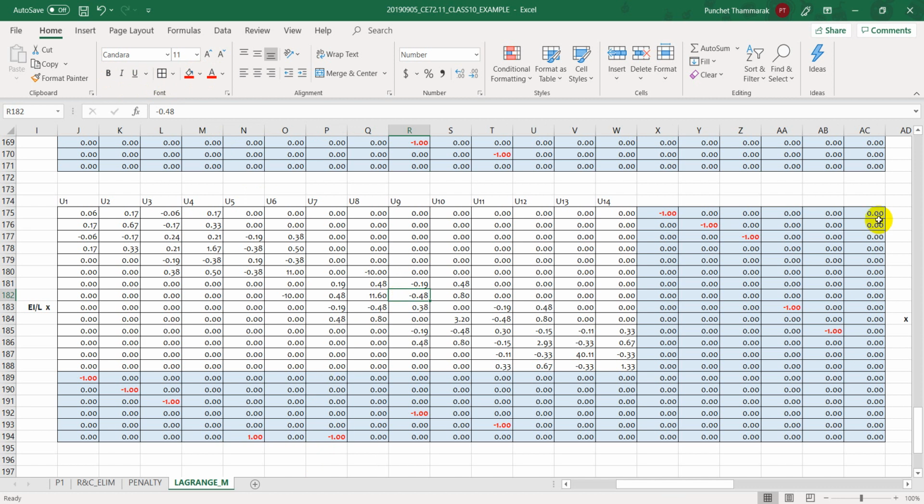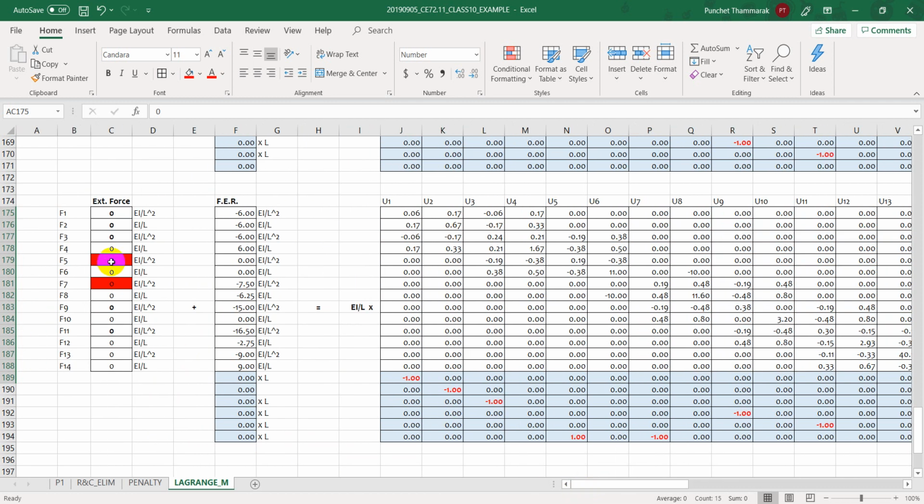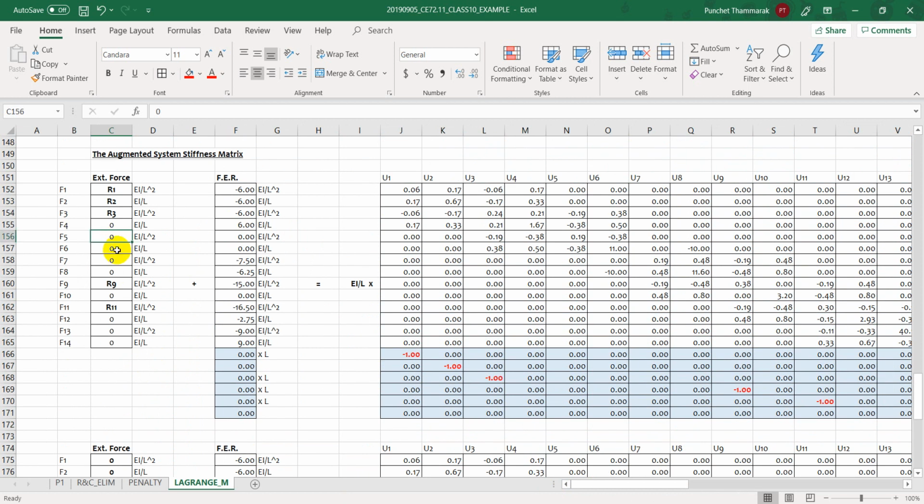But the point is that let's make the entries on the last column be consistent with the last row, so the matrix is symmetric. If you just use Excel, whether or not it is symmetric is not the problem. But if you use some special equation solver, then you will enjoy the benefit of the symmetric condition. So now, what happened in there? Actually, we didn't list out the 2 things. It is the hinge force.